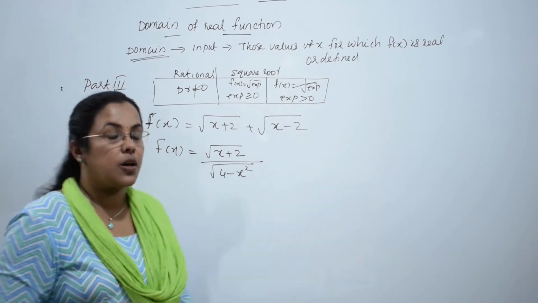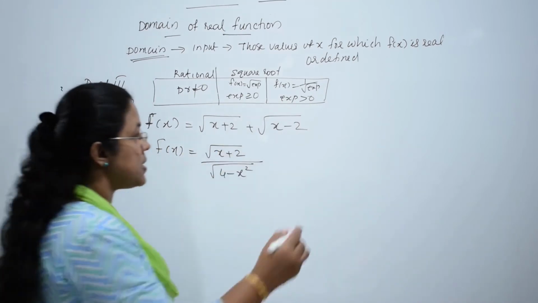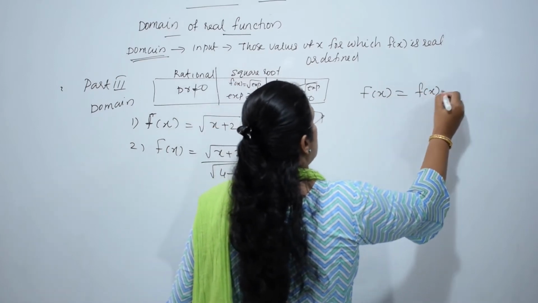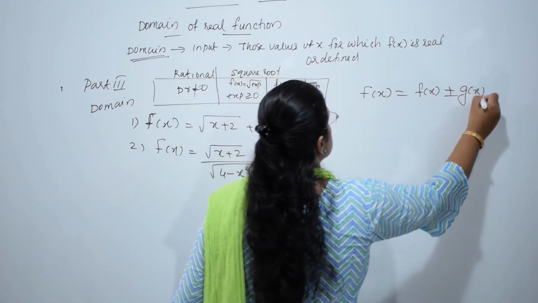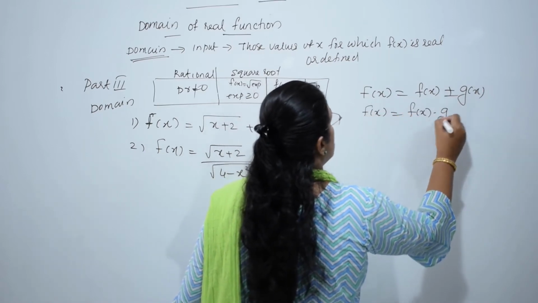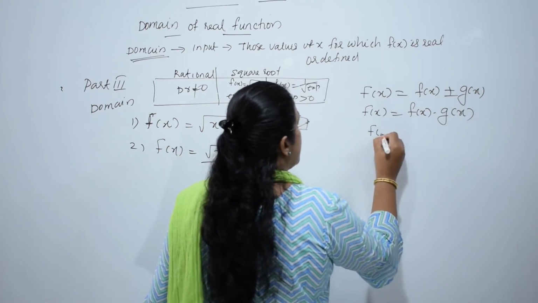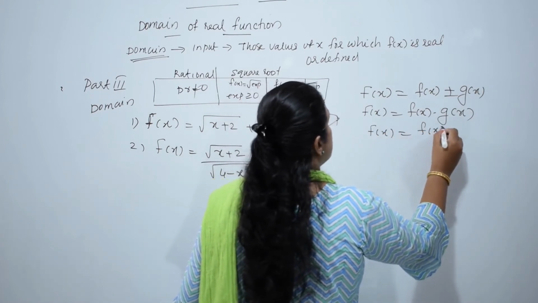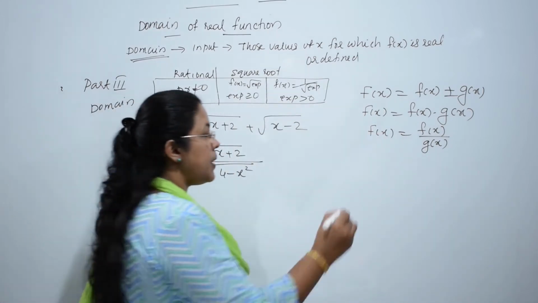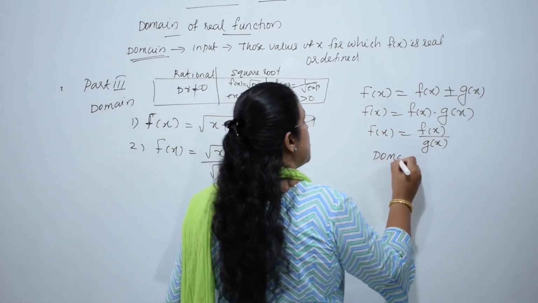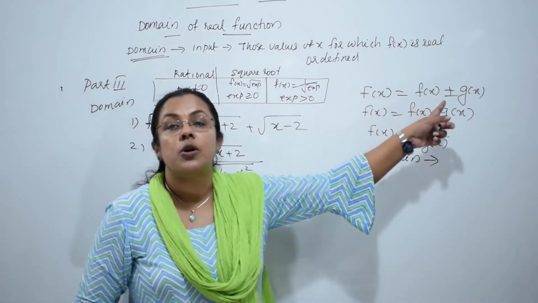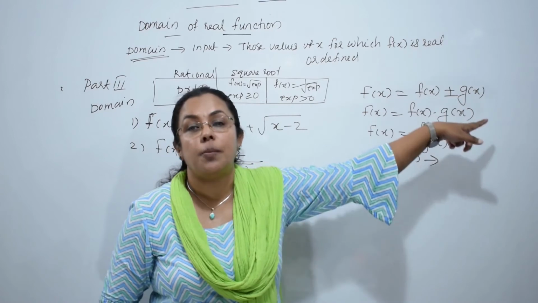In order to find out the domain of such functions, if the function is of the form f(x) plus or minus g(x), or f(x) into g(x), or f(x) upon g(x), in all three cases, the domain is nothing but the intersection of the domain of f(x) and the domain of g(x).